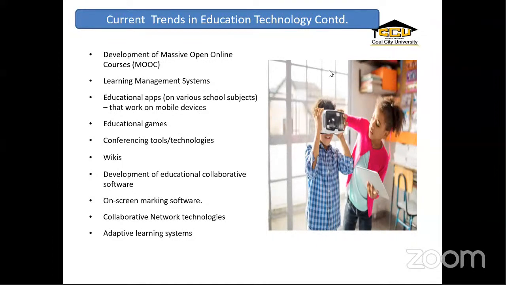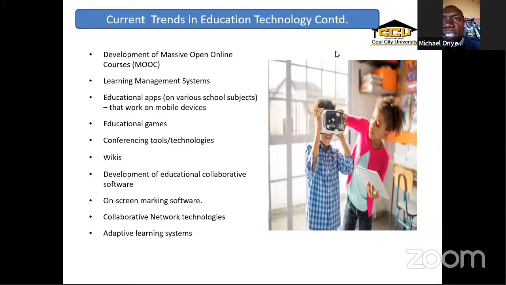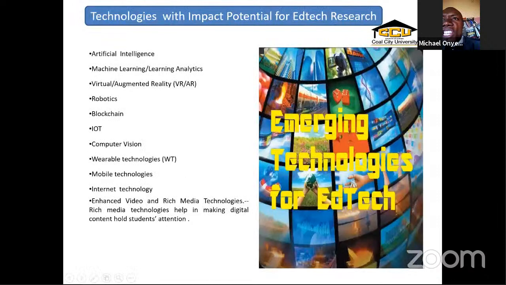Then people are also looking at AI-based systems in education. This is another area of research that is emerging. Now, how can you deal with some of these emerging challenges in education using AI? Artificial intelligence has a lot of potential. People are looking at more research in AI that is affordable, that people can afford.